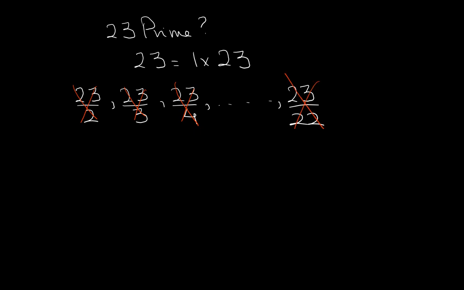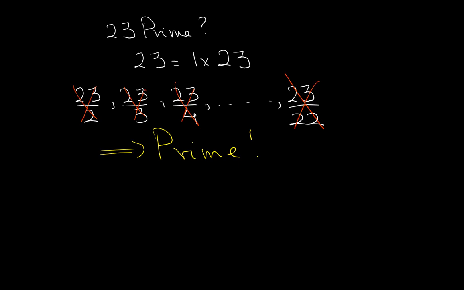So 23 is prime, because if we want to write 23 as a product of two numbers, those numbers have to be smaller than 23. They can't be greater than 23. So we go all the way up to 22, and then we find out that 23 is prime.